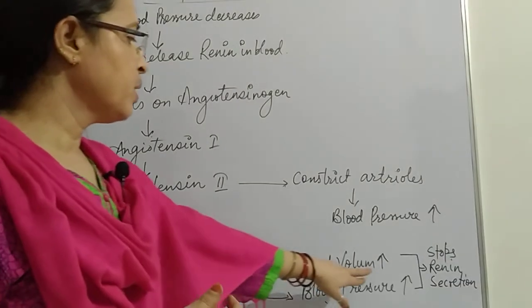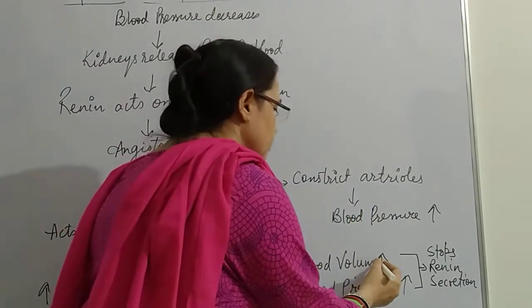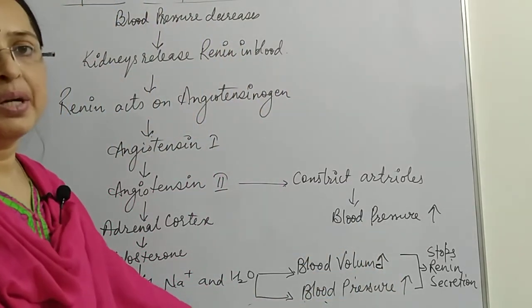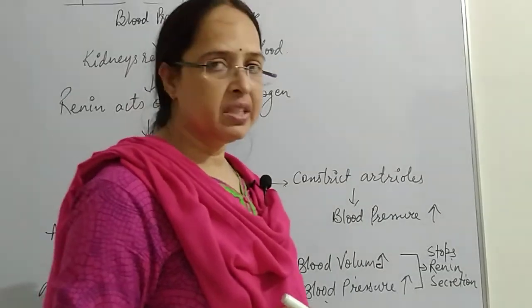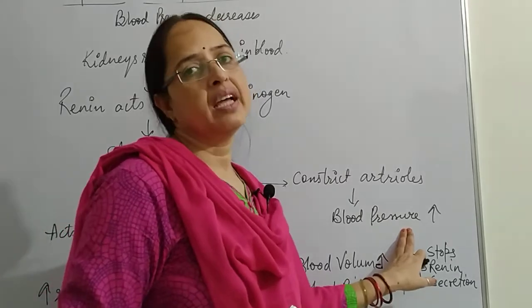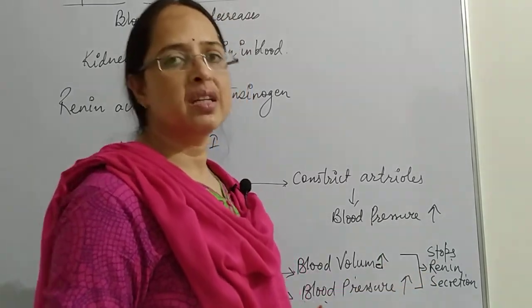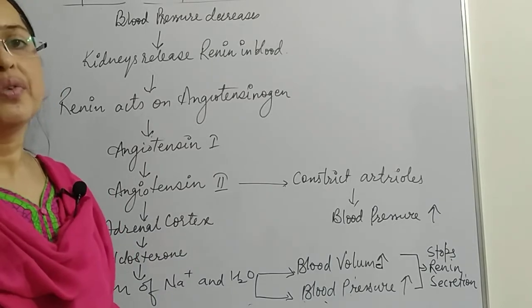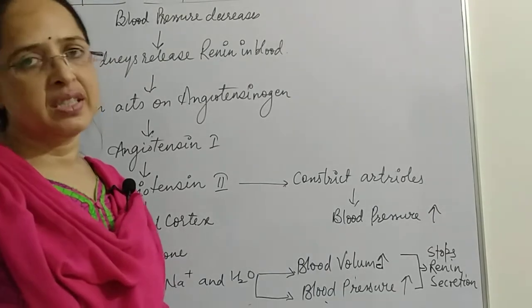Blood volume increases, and the blood pressure also increases. When this blood pressure increases, the renin production or secretion stops. So it is the pressor system. This occurs in the kidney, so we call it the renal pressor system.